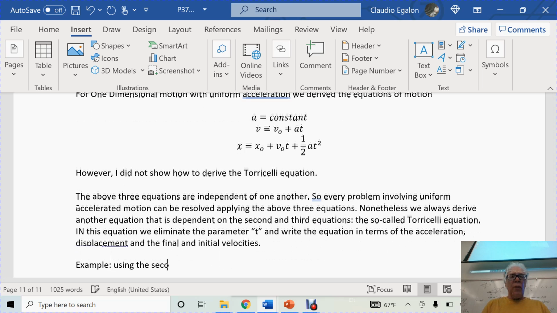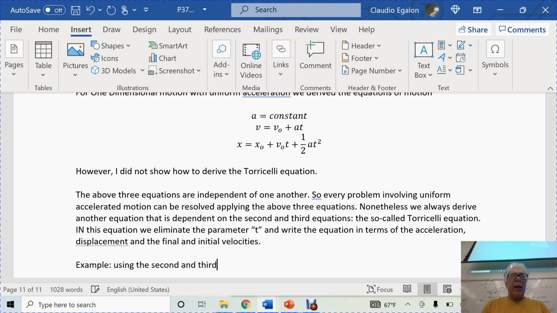Using the second and third equations above, derive another equation that is independent of t.